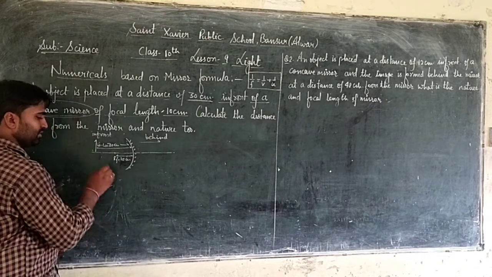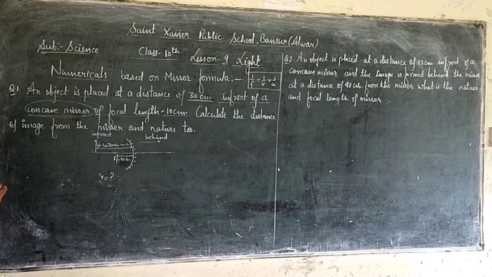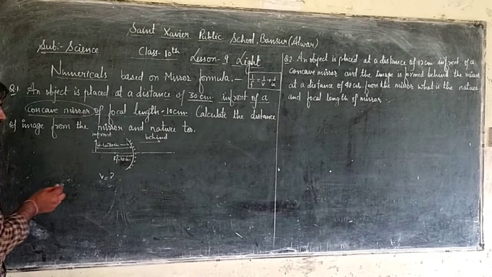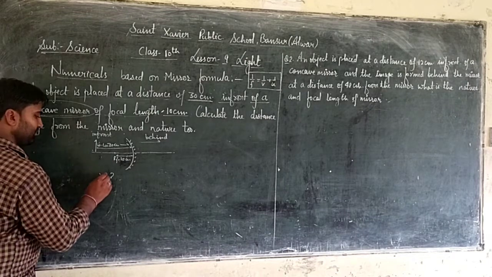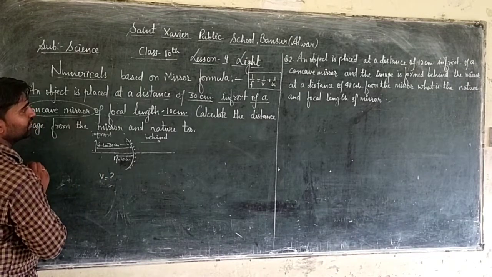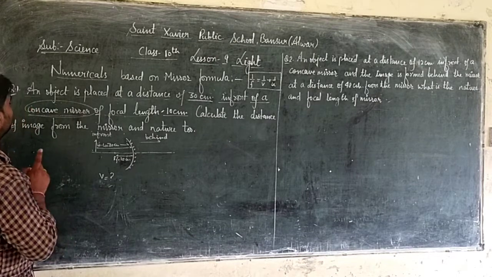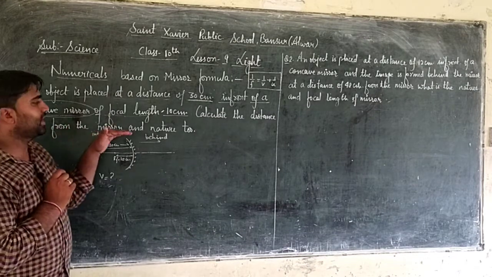This is our question. What we have to find out? v, the distance of image. If he is saying distance of object, it means that u we have to find out, okay, and focal length, then you know very well about that. So in this question we will find out v.